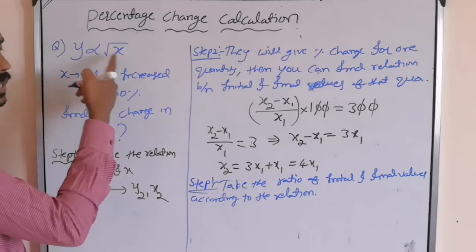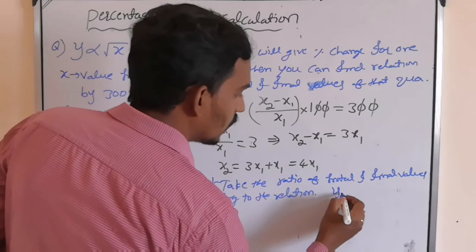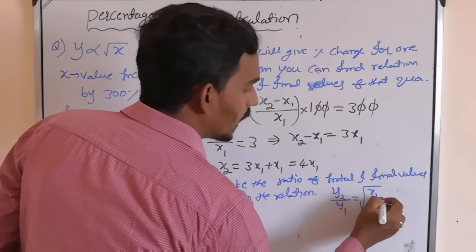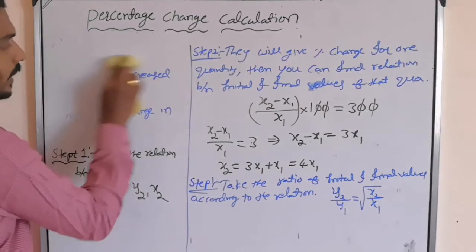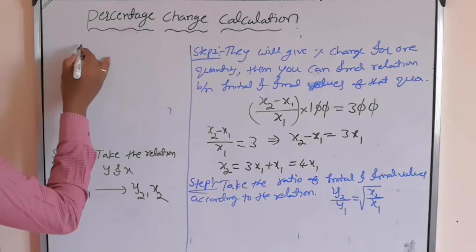Here, what is the relation? y is proportional to root x. So y2 by y1 equals under root x2 by x1. Or else, if you find the square root difficult, you can remove it.